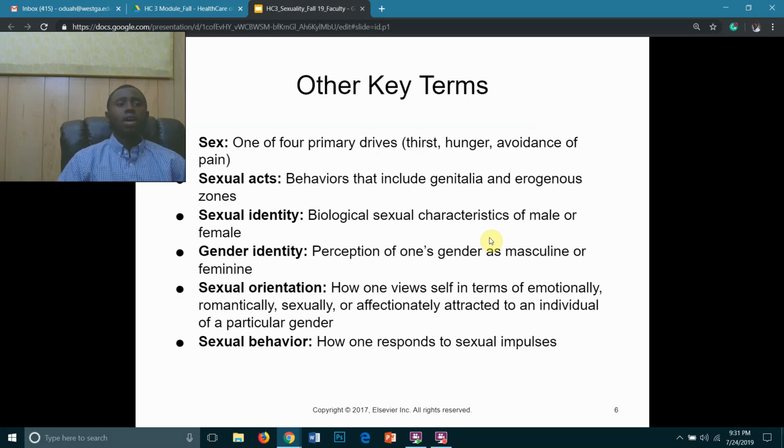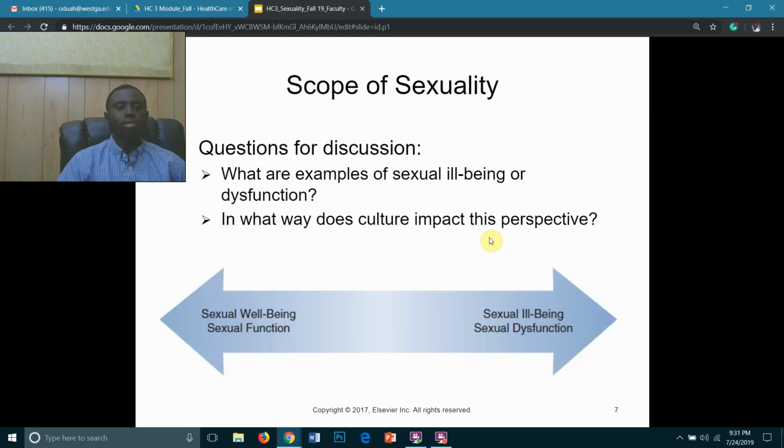It will also be helpful to understand these key terms as listed and defined in your textbook. So take a time to look at these definitions as we continue our discussion. So, what are examples of sexual ill-being or dysfunction?